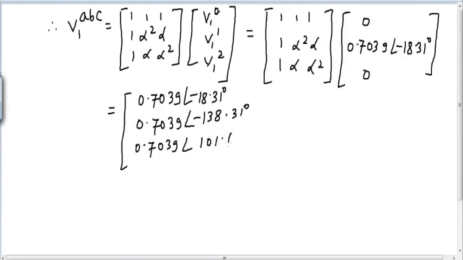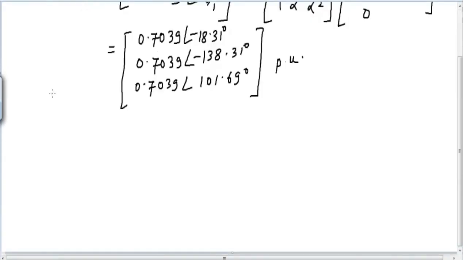Please cross check whatever I have written and reply whether it is correct or not. And V2 ABC will be equal to 0.